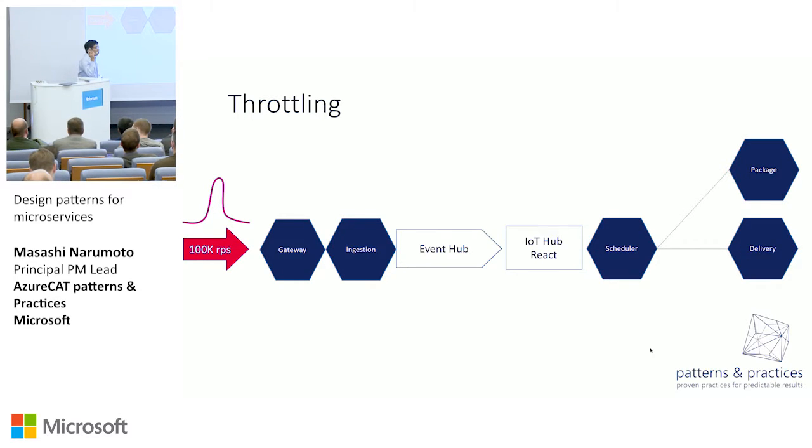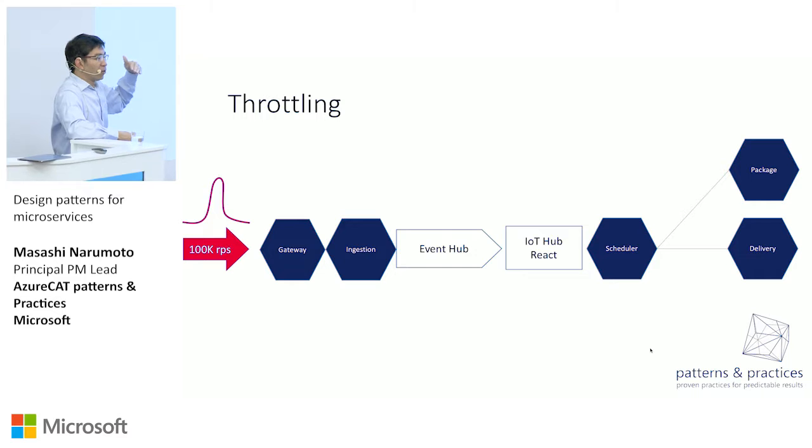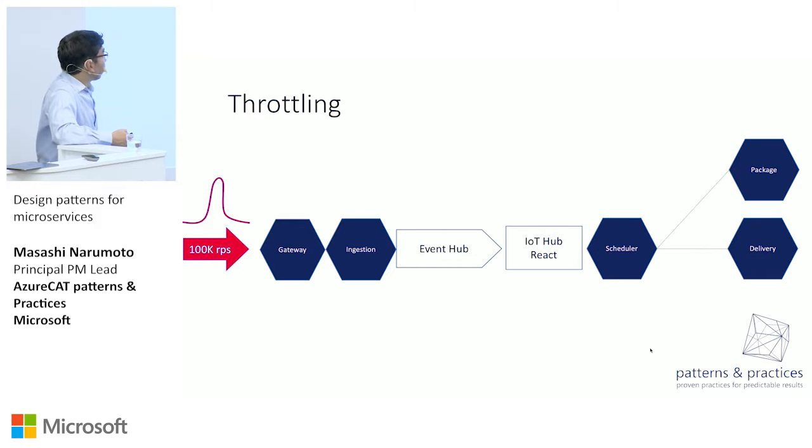So that was load leveling, but this is kind of simpler. Instead of reducing the pace of processing, you can just reject the request. You don't accept the request, right? So again, a 100K spike coming. Hey, I designed my system for 10K, not 100K. So simply, I don't accept your request.